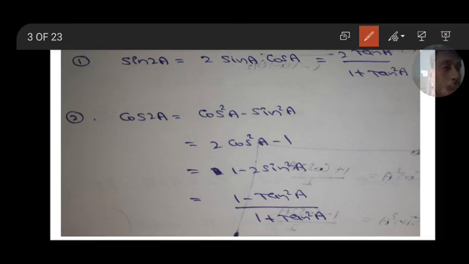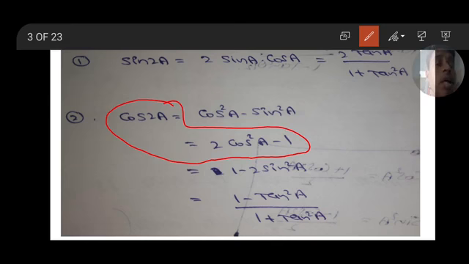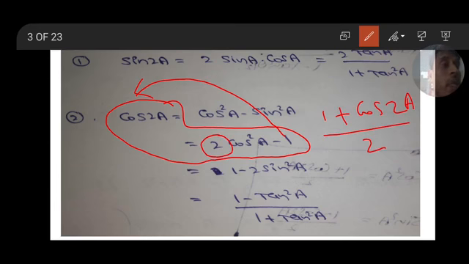Depending on the problem, you have to take the relevant formula. If you take cos 2A equal to 2 cos square A minus 1, and this minus 1 comes to the other side as plus, it is 1 plus cos 2A, and if this 2 comes to the LHS it goes under, so cos square A equals 1 plus cos 2A by 2.